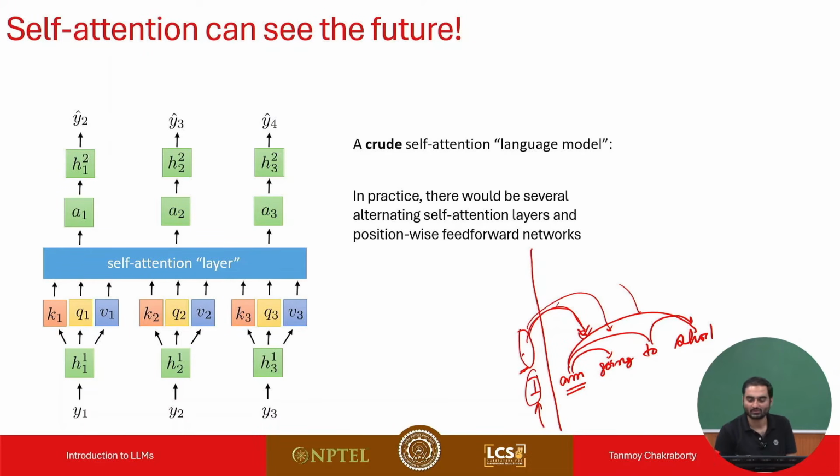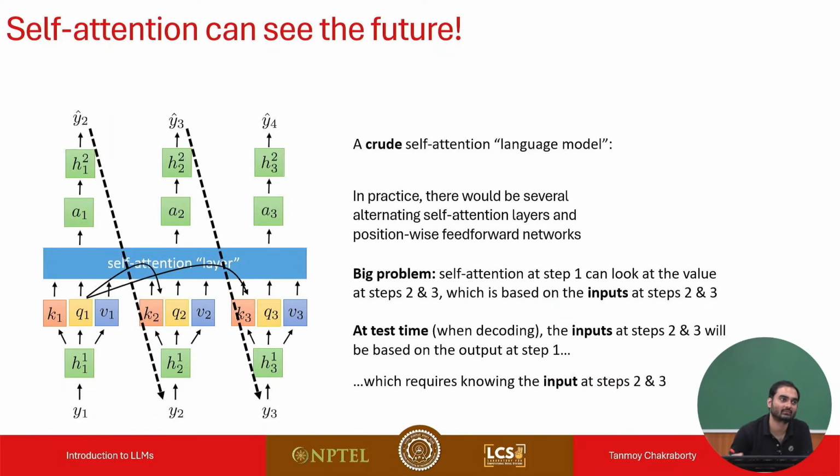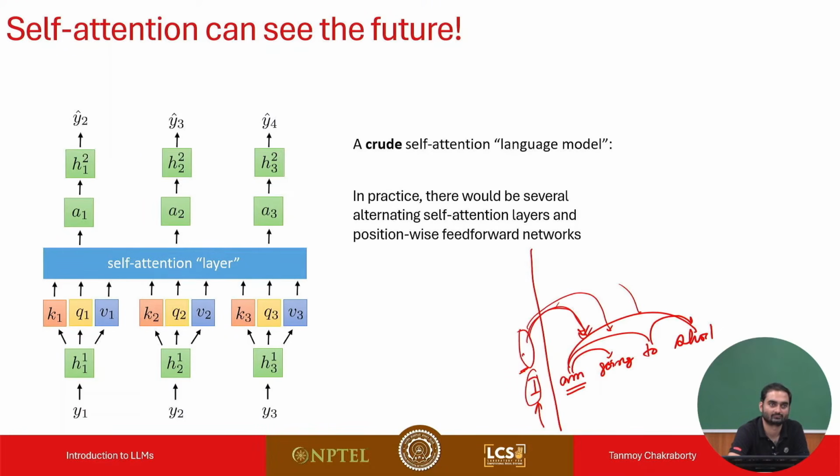What we do here is apply something called masked self-attention. What is masked self-attention? Let me draw this. I will discuss this in two ways: one, what happens during the training time, and two, what happens during the test time.